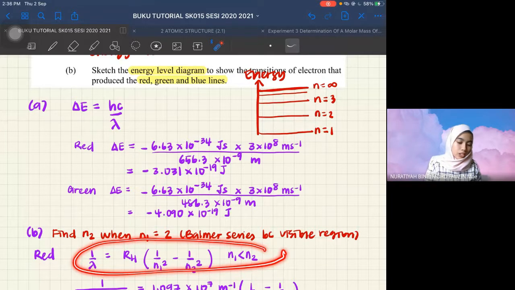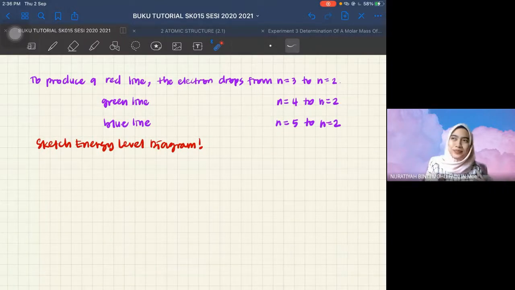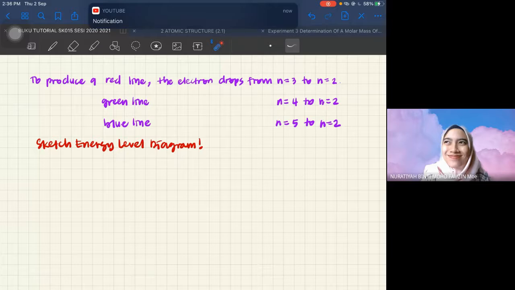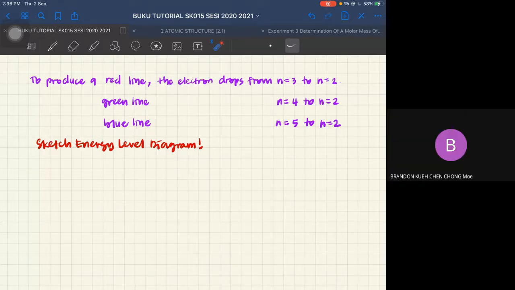Alright, so now we want to sketch our energy level diagram. Tak faham lah. Kenapa? Speaker background, Miss. Diorang tengah praktis kot kan? Suara apa tu? Suara pesawat.